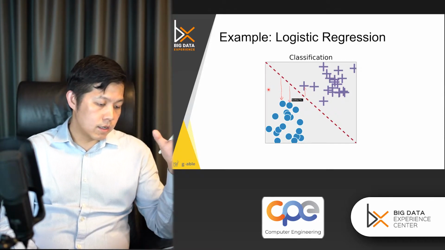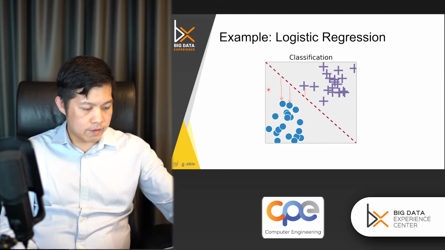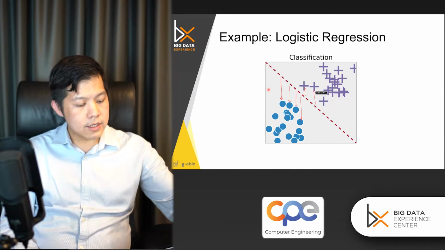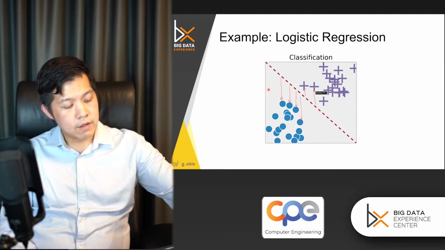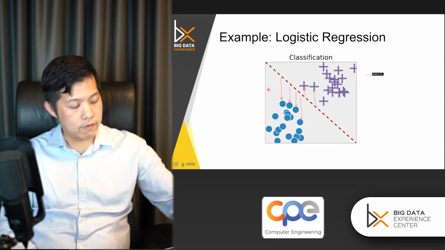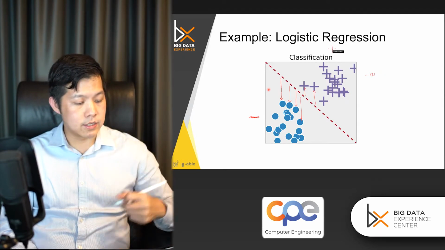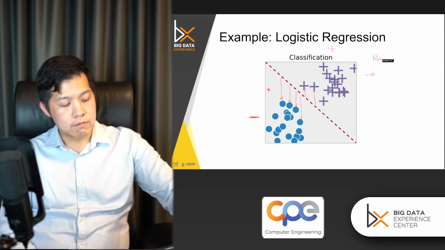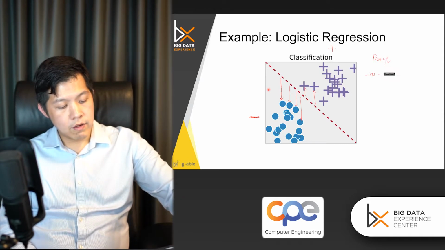If we just draw a line and find the distance between the line and the point, this distance has the range of minus infinity. If it goes in this direction it is minus, in this direction it is plus. So the range of the distance is minus infinity to infinity.